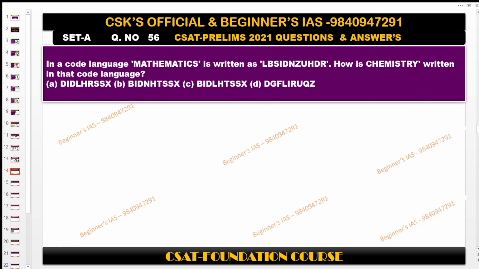So next one. This is a very simple question. 2.5 marks you can easily score. So 56th question, set A. This is mathematics. Then it is coded as LB SI DN ZU HD R. Check with the pattern.